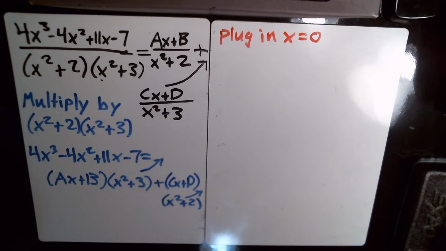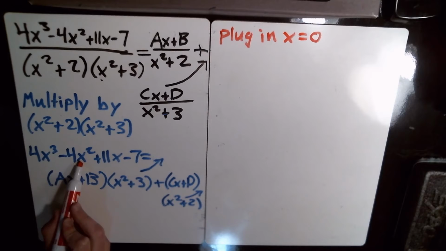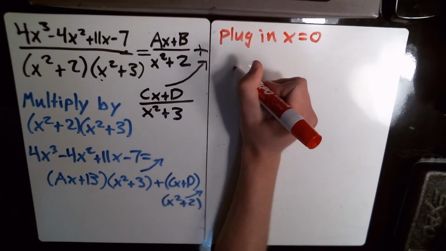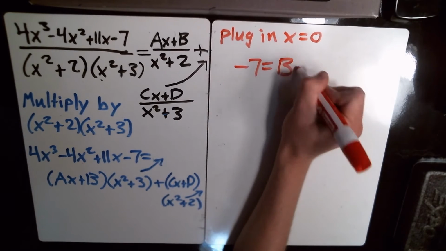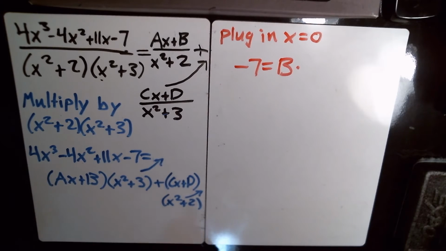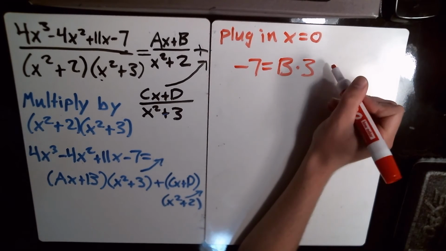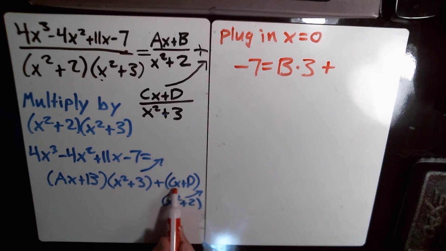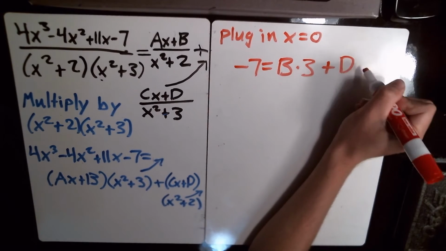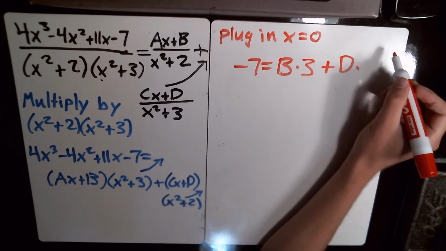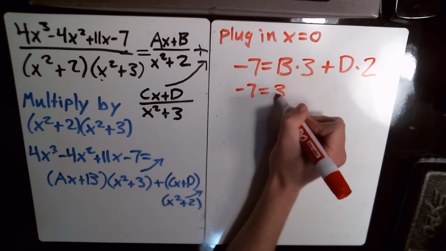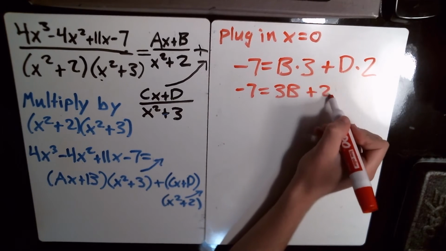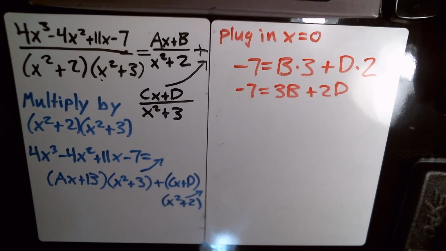When we do that, we get 0 minus 0 minus 0, so negative 7 is equal to 0 times a, which is just 0, plus b times 0 plus 3, so 3, plus 0 plus d times 0 plus 2, so 2. So we get that negative 7 is 3b plus 2d. Okay?